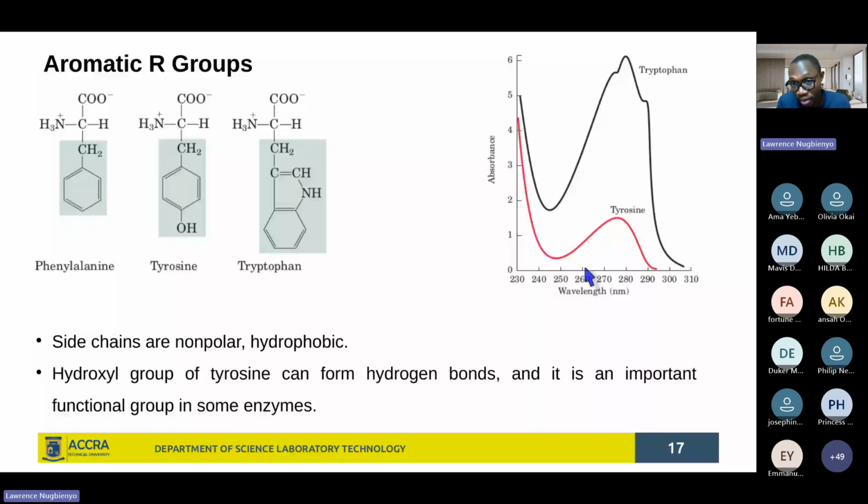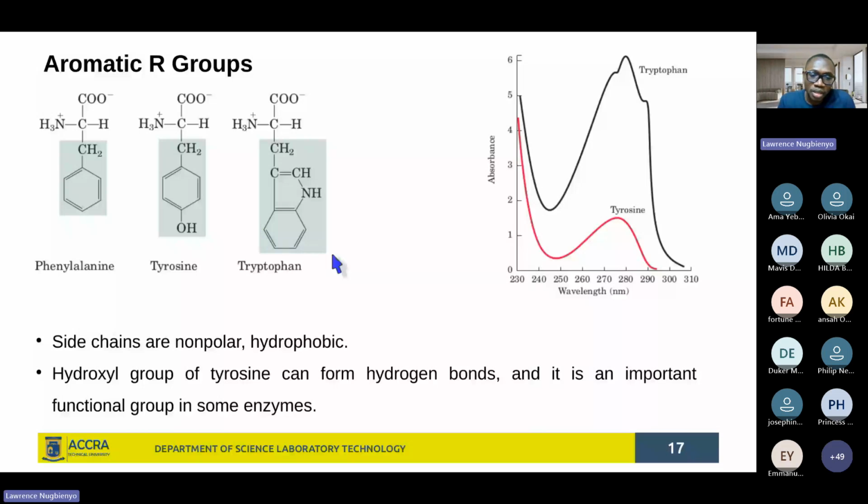Remember the reason you are measuring your protein extract at 280 nanometers is because of the absorbance of light by the aromatic amino acids, particularly tryptophan and tyrosine.